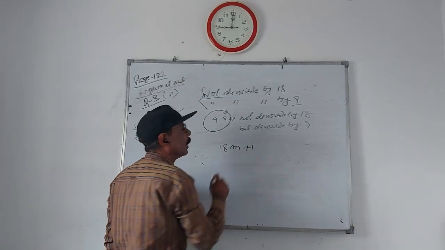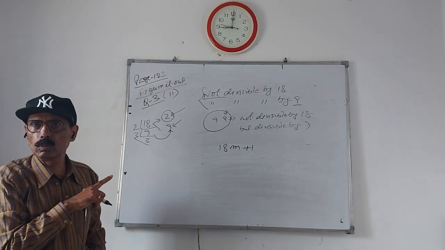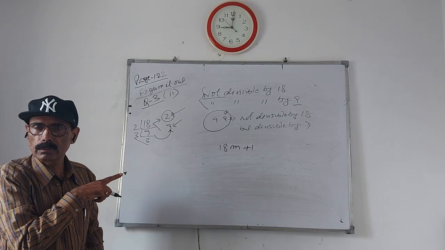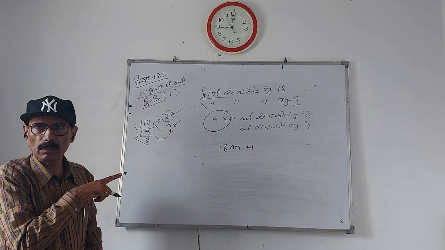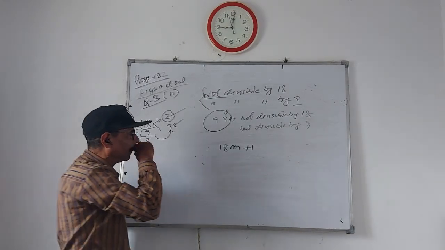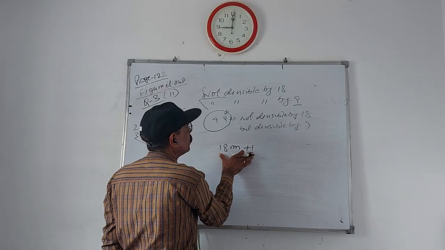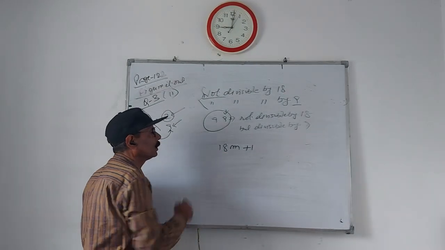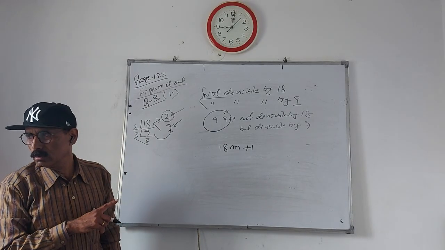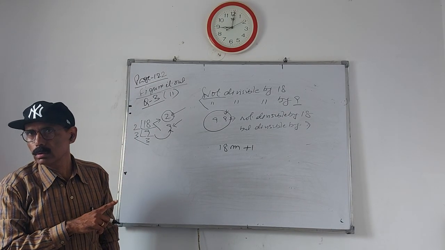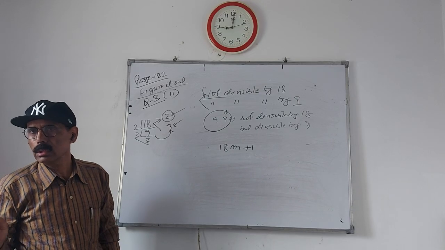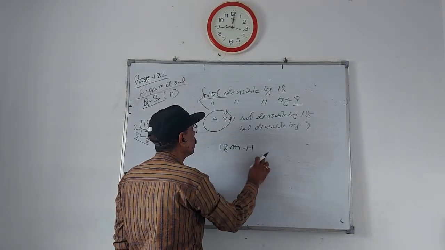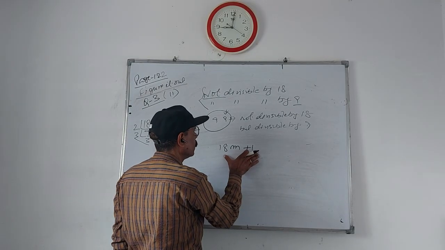If 2 plus 1, check it. If 2 plus 1 or minus 1. Now the number is not divisible by 18. Is this number divisible by 9? Tell it. In this equation, the number is not divisible by 9.